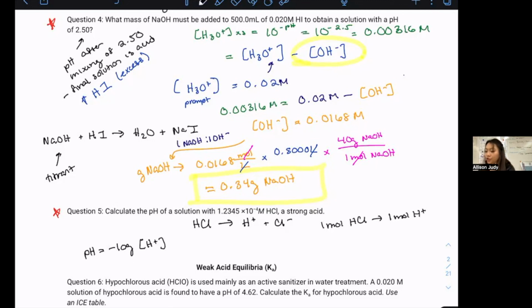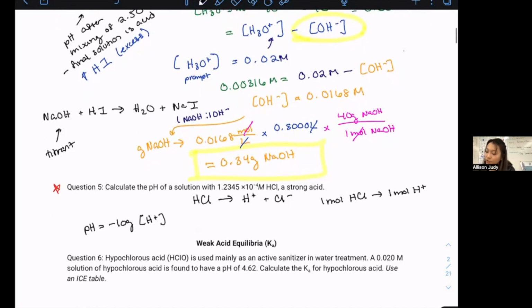So you know that the starting molarity of HCl is equivalent to the molarity of H plus in solution. So then you can just simply plug in and say this is equal to negative log of 1.2345 times 10 to the negative fourth molarity, and we don't really have units for pH.